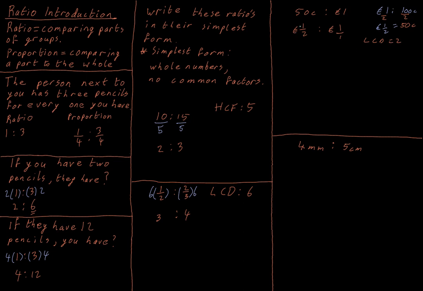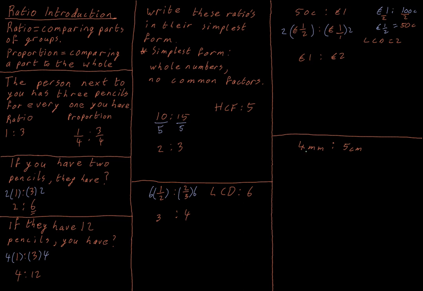So I need to multiply both sides by my lowest common denominator in order to get rid of my fractions. So I have 1 euro is to 2 euro is going to be my ratio in its simplest form. And I have my units the same, and I have simplified to my simplest form.